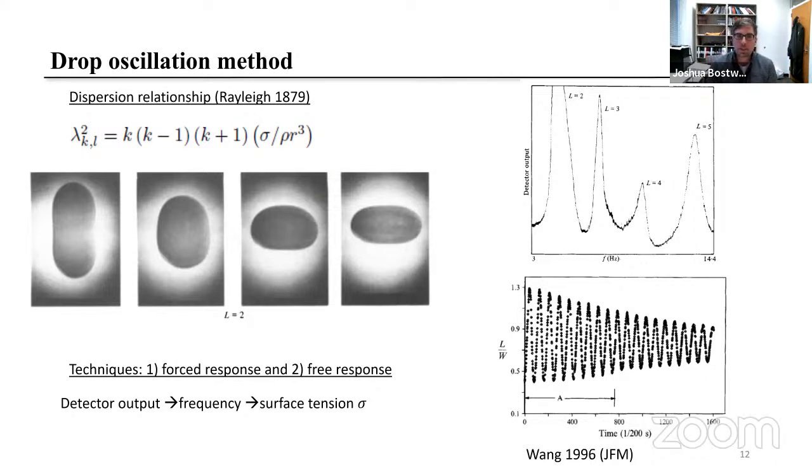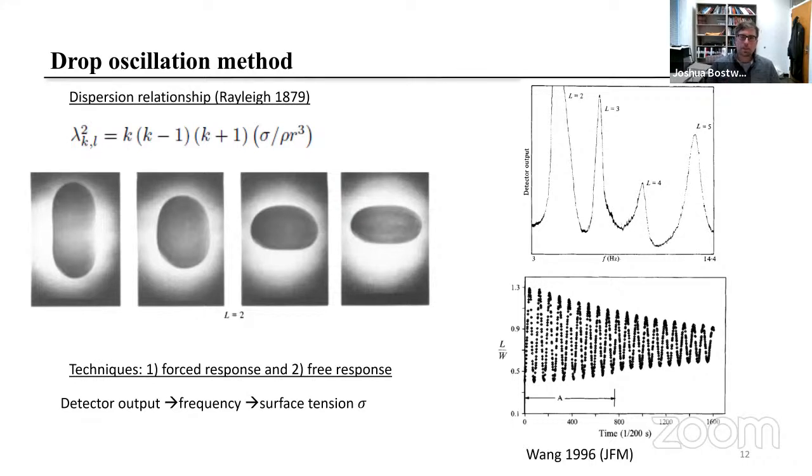The frequency of oscillation is given here at the top, where the square is proportional to the surface tension, the density of the material, and the radius of the drop. Here, K is the mode number. One thing you should note is that the Rayleigh drop frequencies depend upon 2 mode numbers, K, the polar one, and L, the azimuthal one. And the frequency spectrum is degenerate with respect to azimuthal mode number.